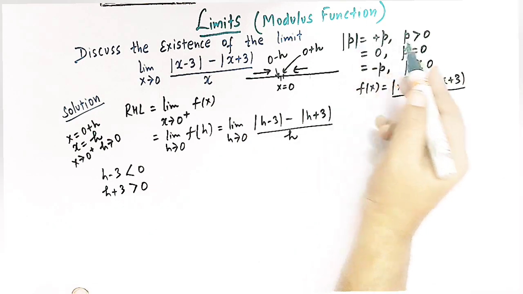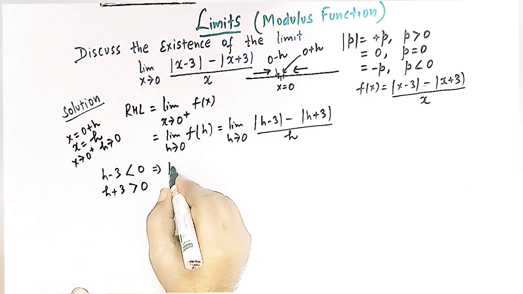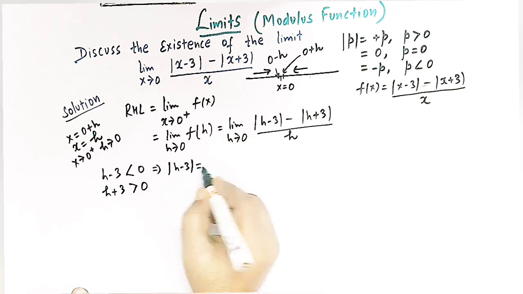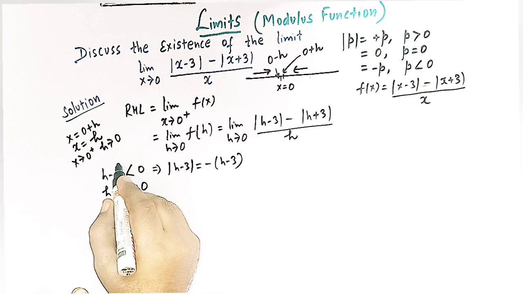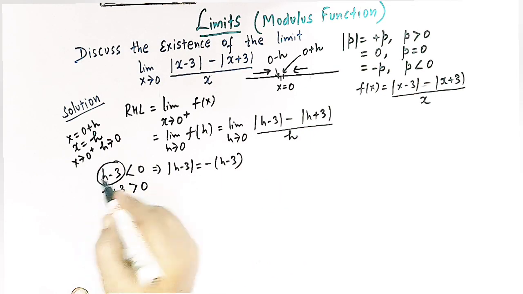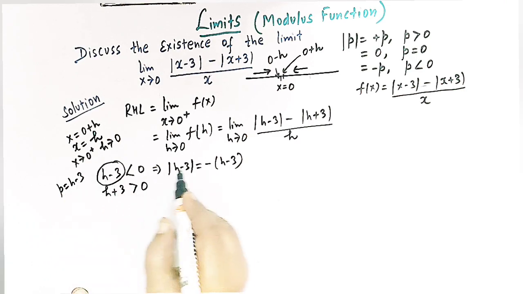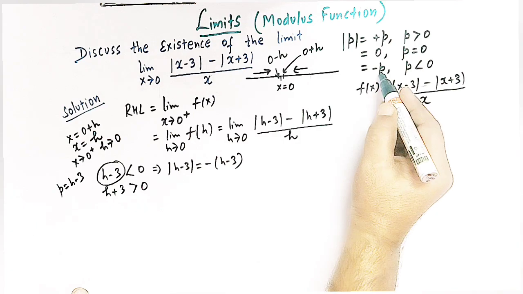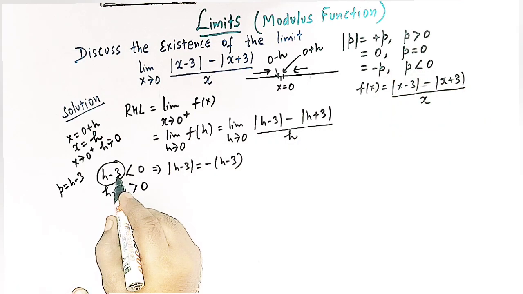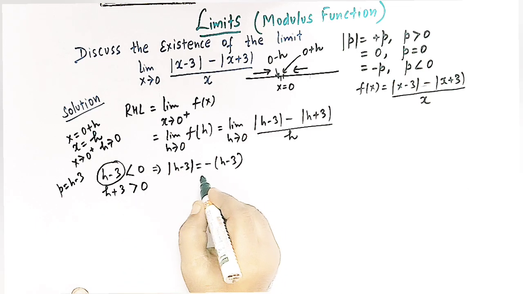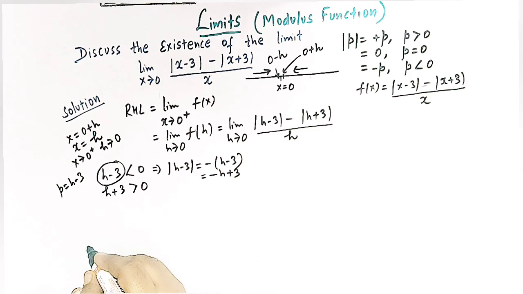So from the definition of mod function, we can write mod of h minus 3 is equal to negative of h minus 3, because if we take h minus 3 as p, then mod of p is equal to negative p when p is less than 0. So here h minus 3 is less than 0, so we have mod of h minus 3 is equal to minus h plus 3, right?